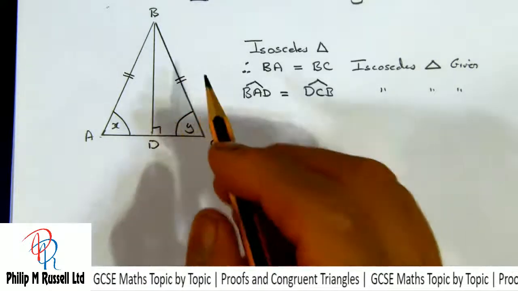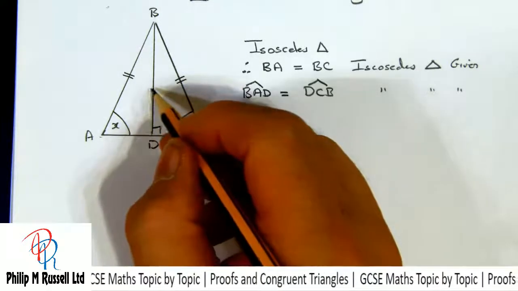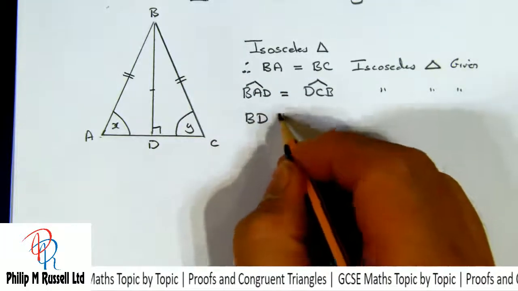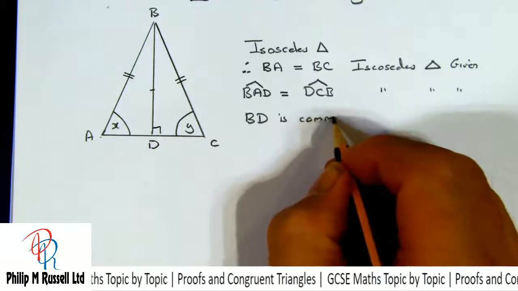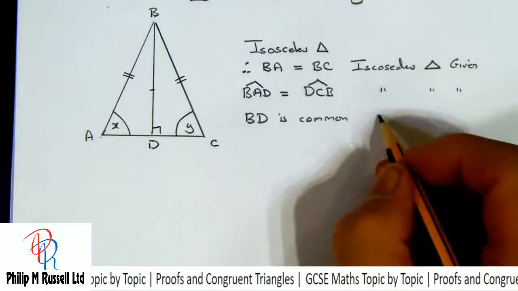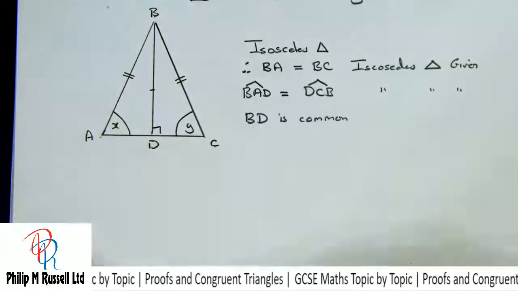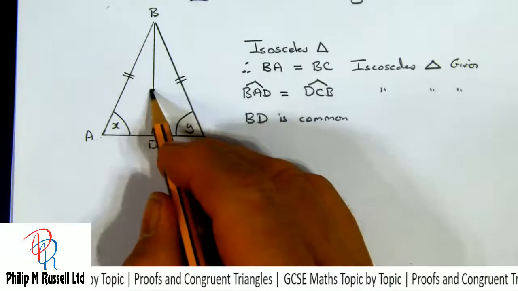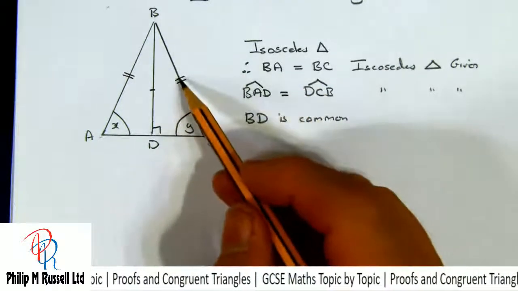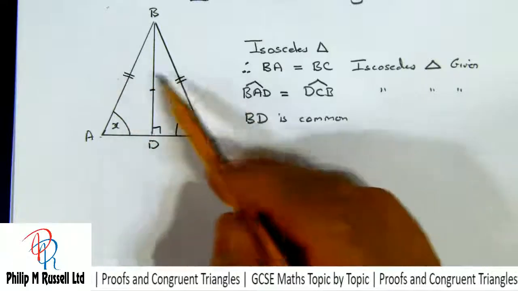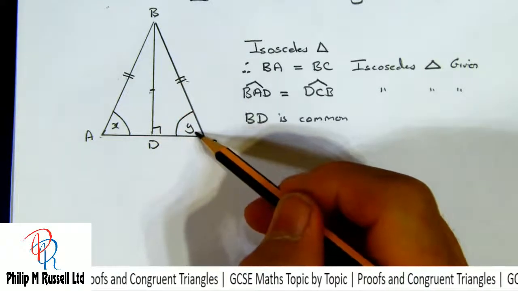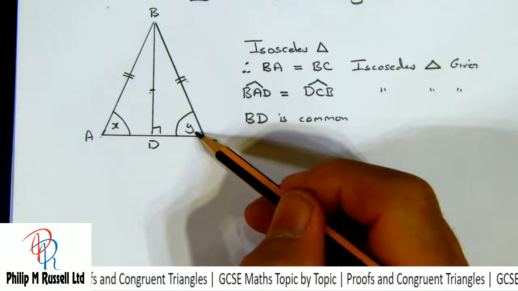I know that this side, BD, is common. So I've got three facts at the moment, but they're not helping me. I've got these two sides, I've got this side, and I've got this particular angle.